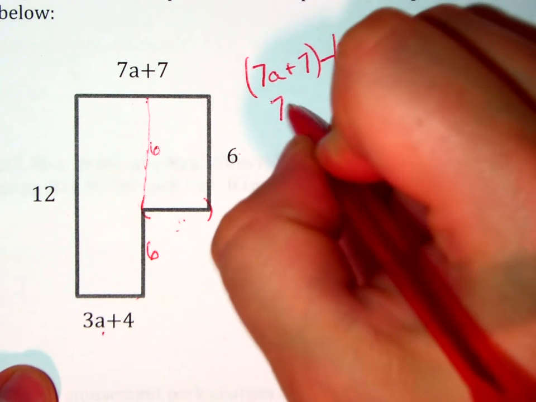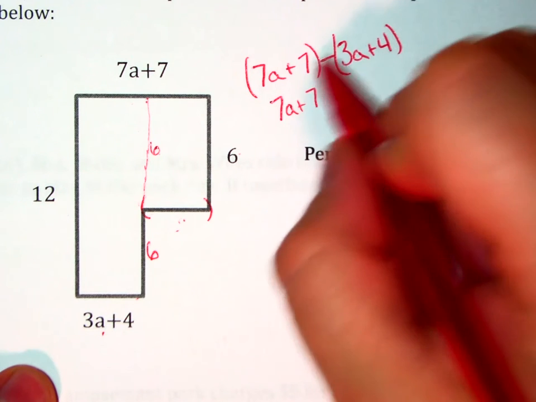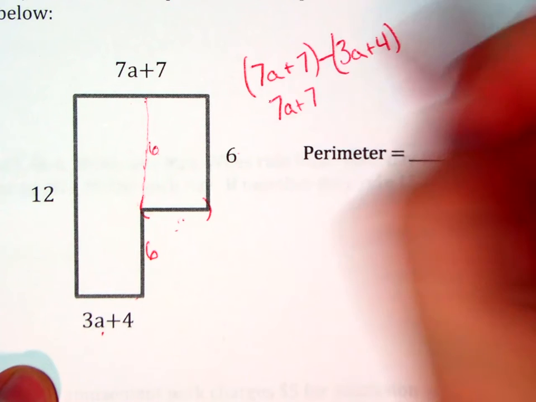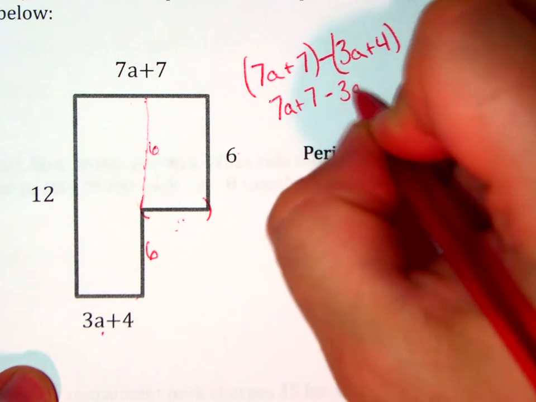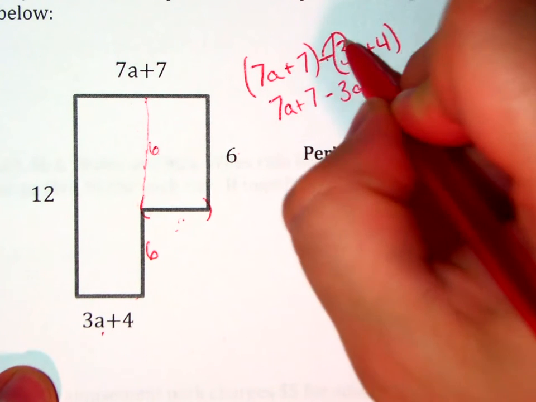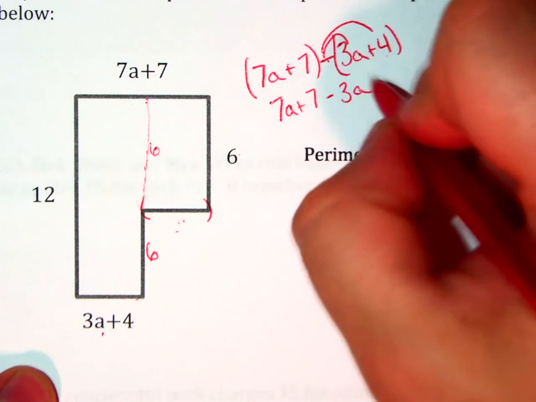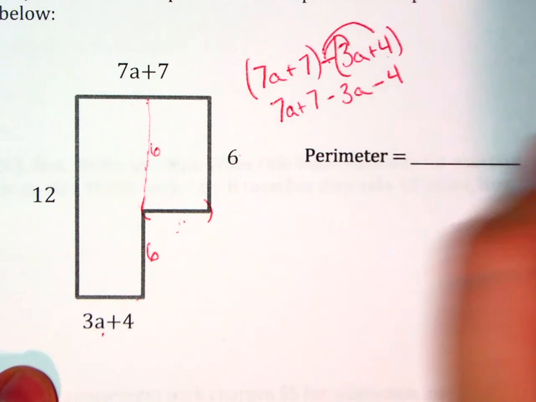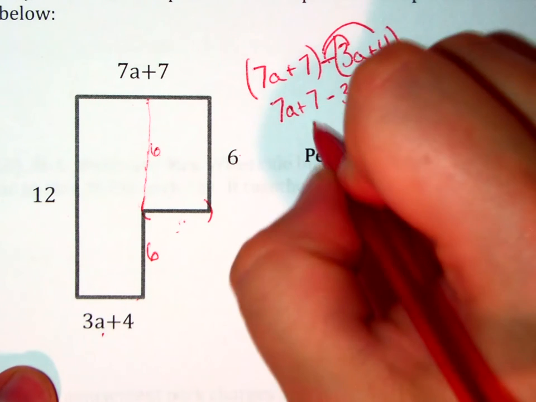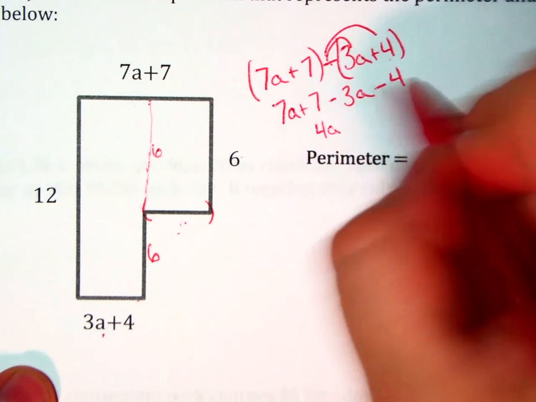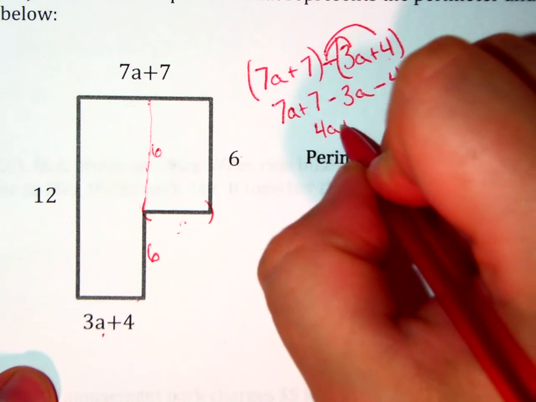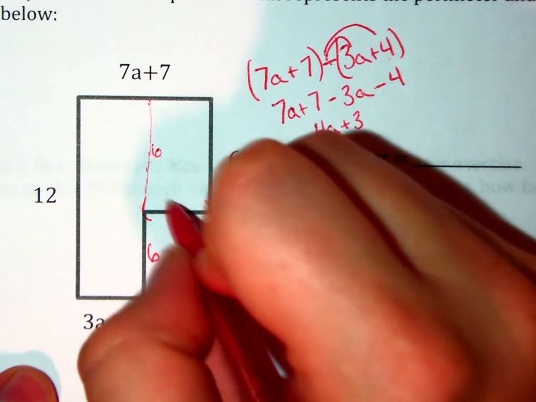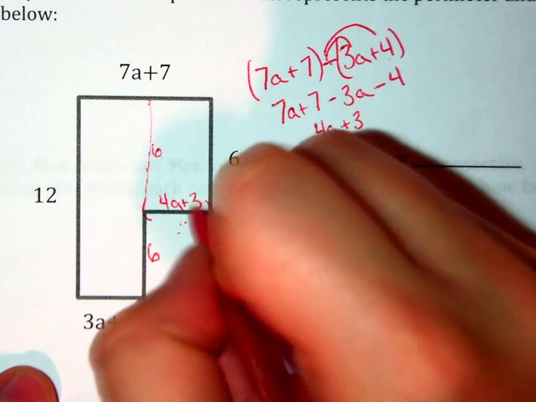So I can figure out that 7a plus 7, and since I have a subtraction sign here, that's negative 1 times 3a, so minus 3a, and negative 1 times positive 4, so minus 4. Combine my like terms, 7 minus 3 would be 4a. And again, 7 minus 4 would be positive 3. So the missing value that I'm looking for is 4a plus 3.